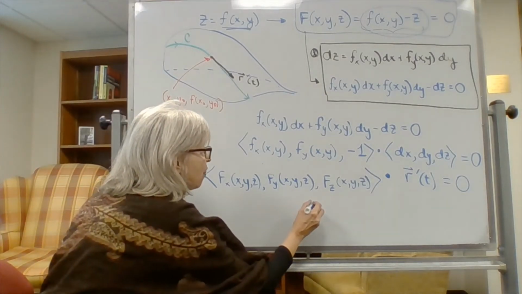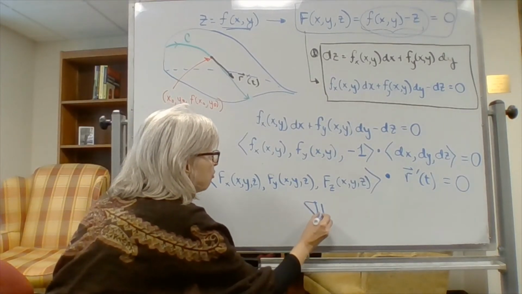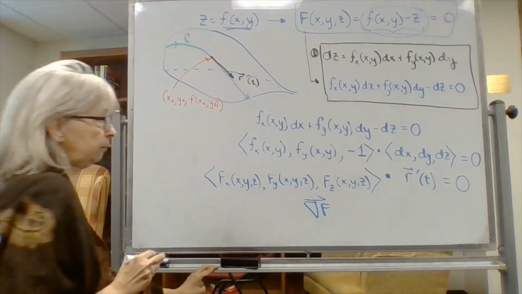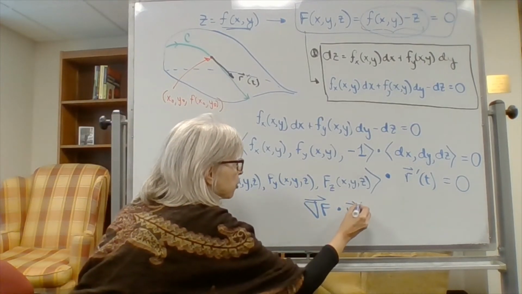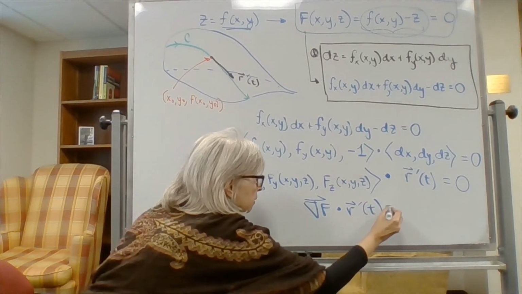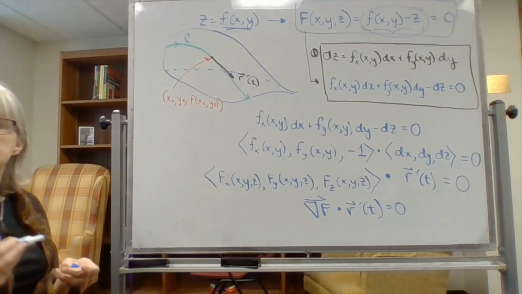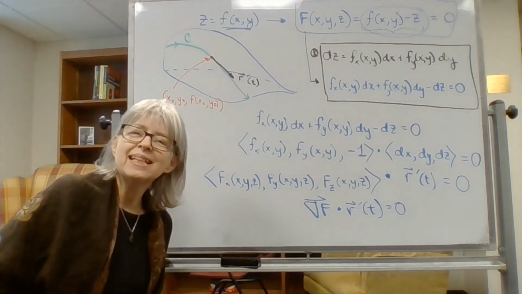This is the gradient vector of big F. And I dot it with that tangent vector to my surface, and I get 0.